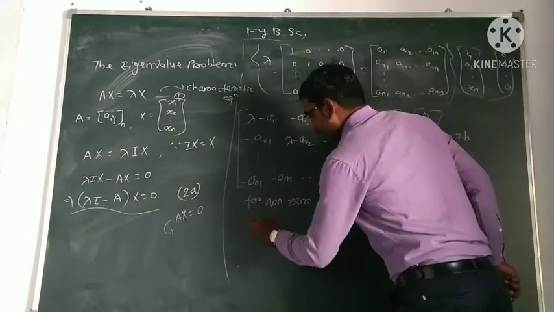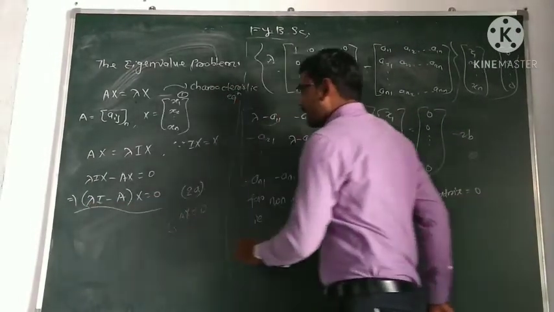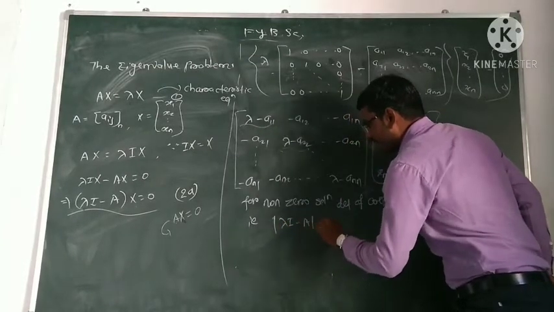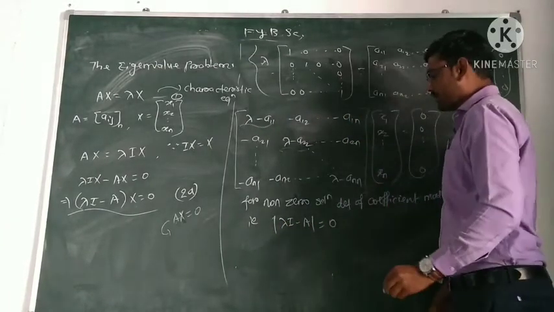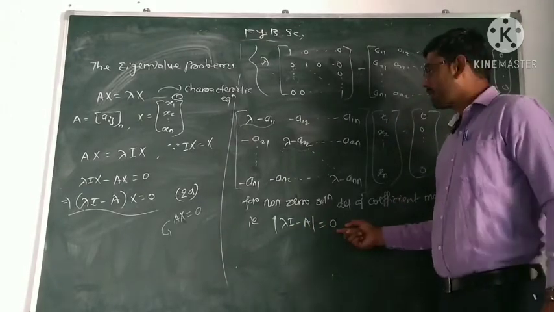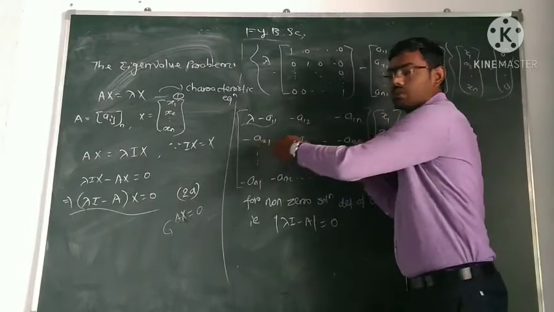That is, the determinant of lambda I minus A is equal to 0. The determinant of this coefficient matrix must be equal to 0.